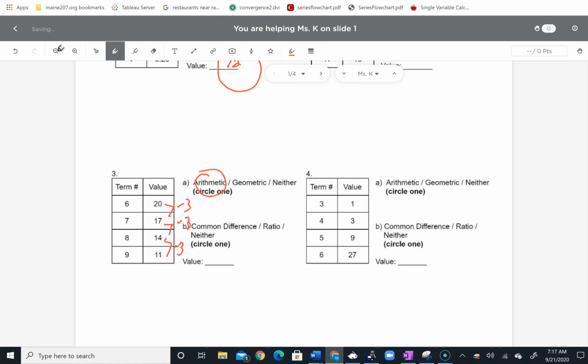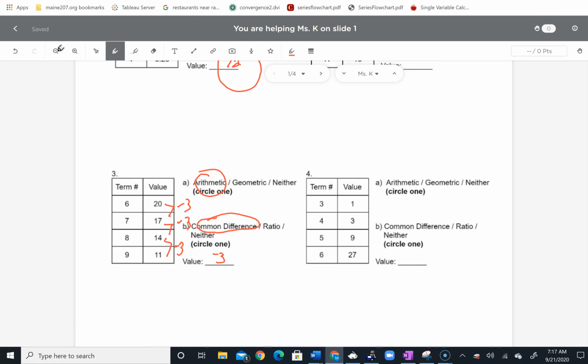So this would be arithmetic. Technically, we are adding a -3 each time. So we can say that we have a common difference. I'm going to write -3. It's a -3 to indicate I'm adding a -3 each time.